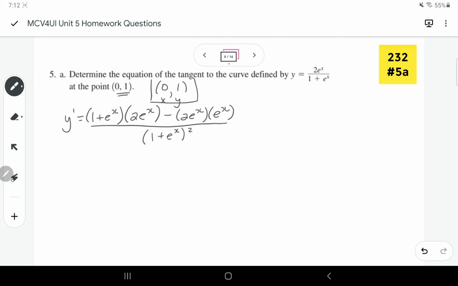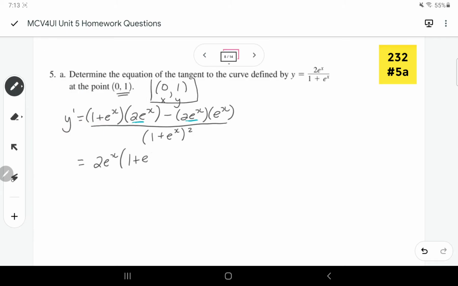And I would definitely want to simplify this a little bit. At the very least on the top here, factoring out 2e to the x, because that's a common factor in both. You will find, especially with exponentials, where the derivative stays the same, you're going to typically have some good common factoring that will happen.